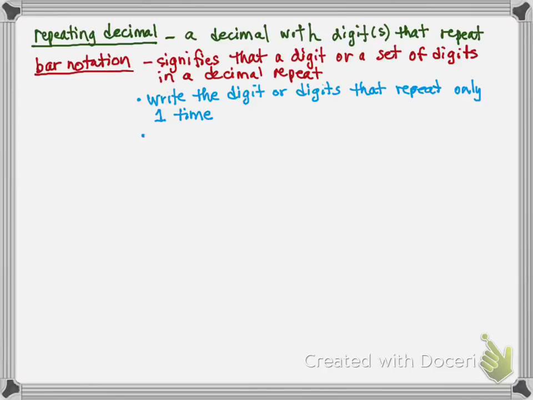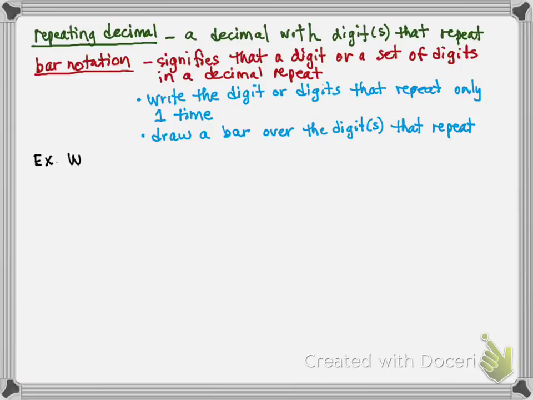And then we're going to draw a bar over the digit or digits that repeat. Okay? So that's pretty much what the process is. Let's practice it. And believe me, we will spend some time in class doing this before you guys start on your practice.